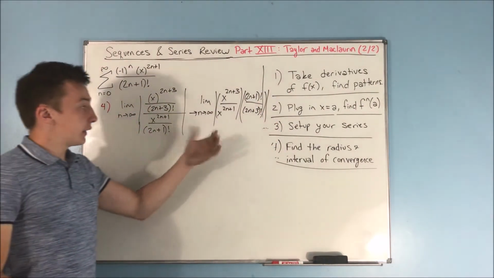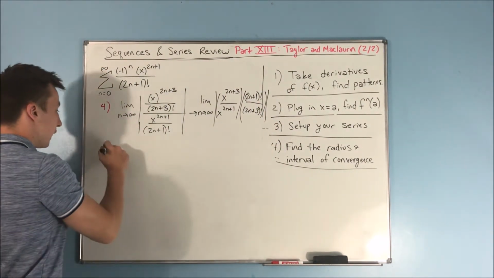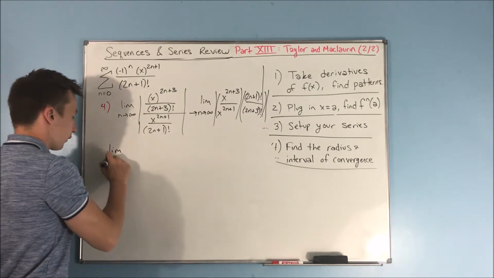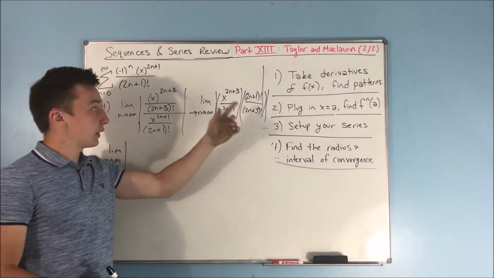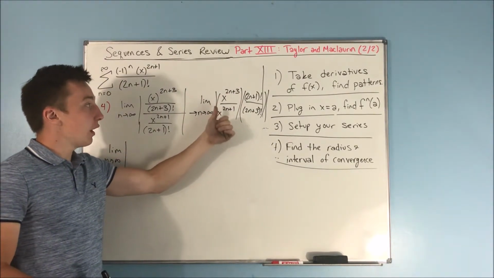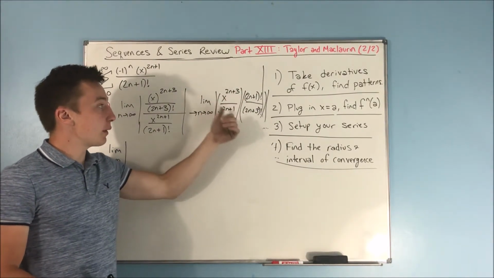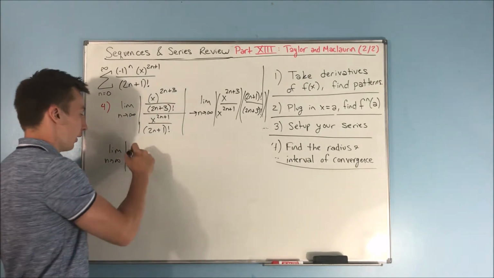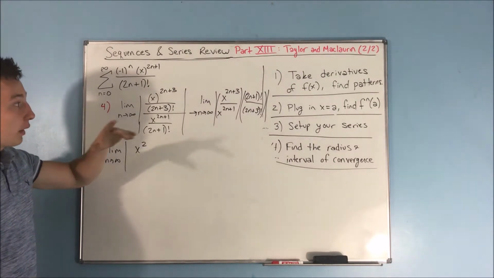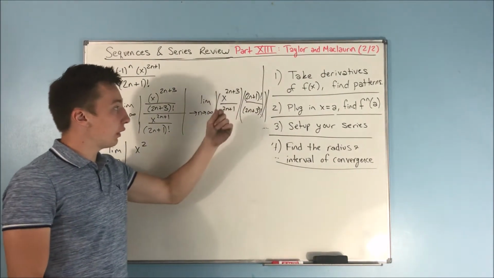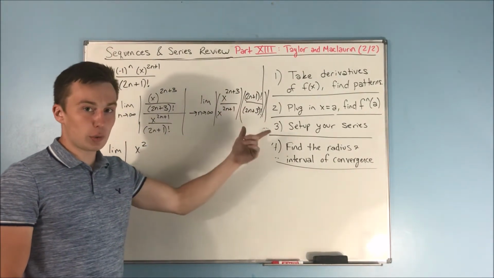So we can simplify this down. We have x to the 2n plus 3 over x to the 2n plus 1. The 2n's go away, and you have 3 minus 1, that's 2. So you have an x squared here. Now we have a 2n plus 3 factorial in the bottom.